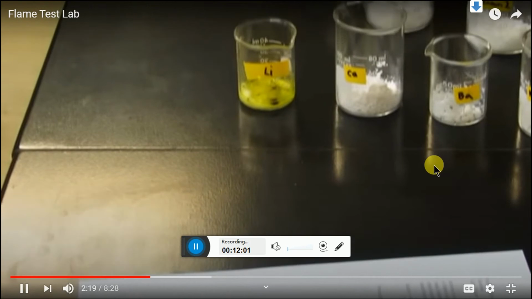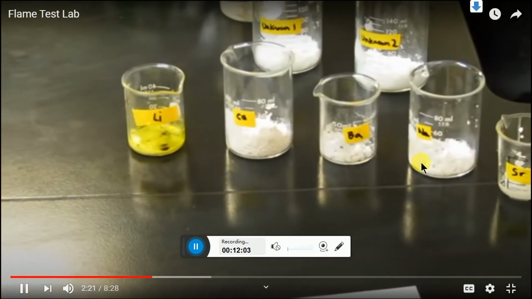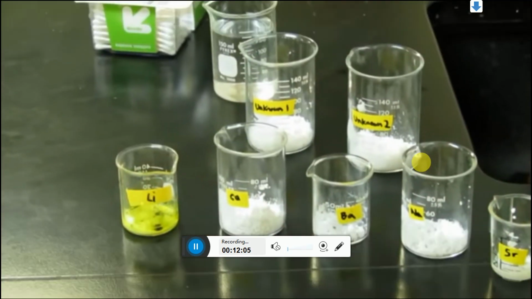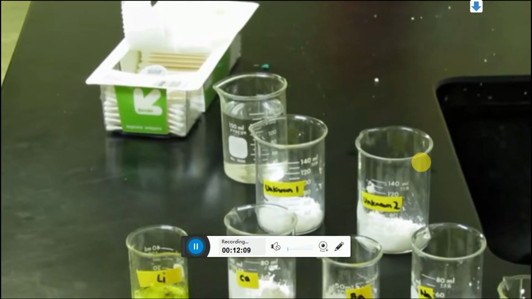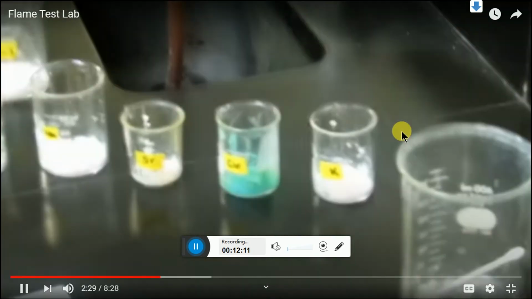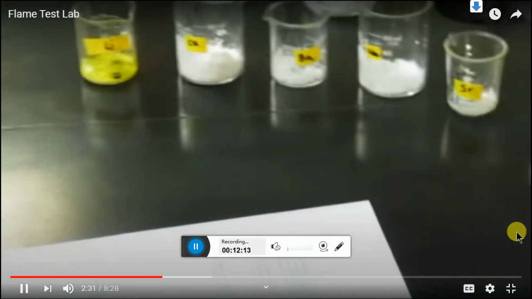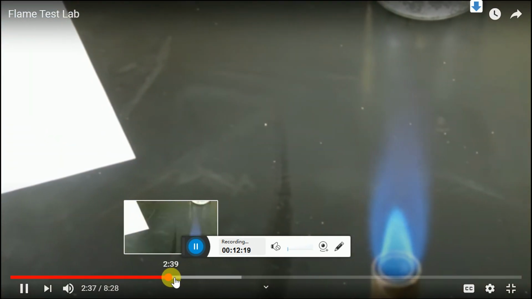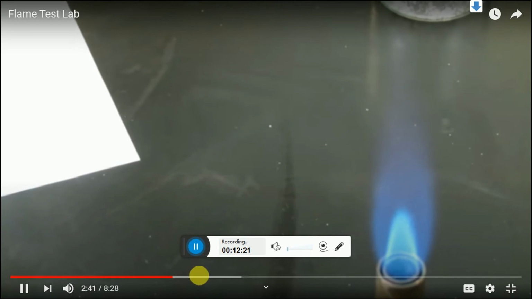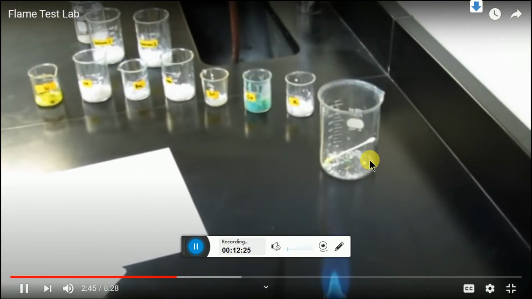Here you have to use a cotton swab instead of the platinum wire. This is the waste beaker.